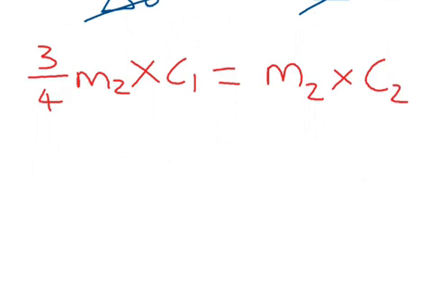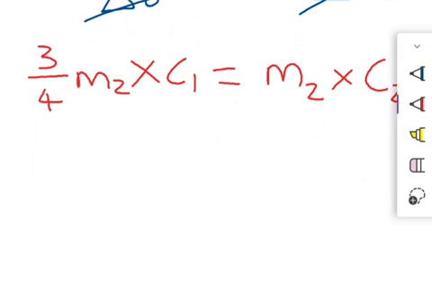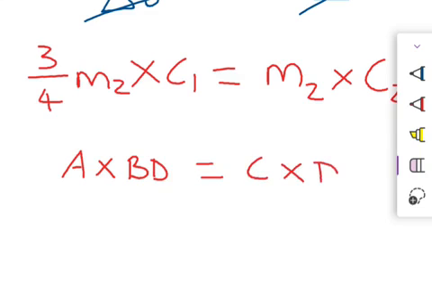Now I want you to understand something so it won't be confusing. Let me illustrate something like this. If we have A times BD equals C times FE.